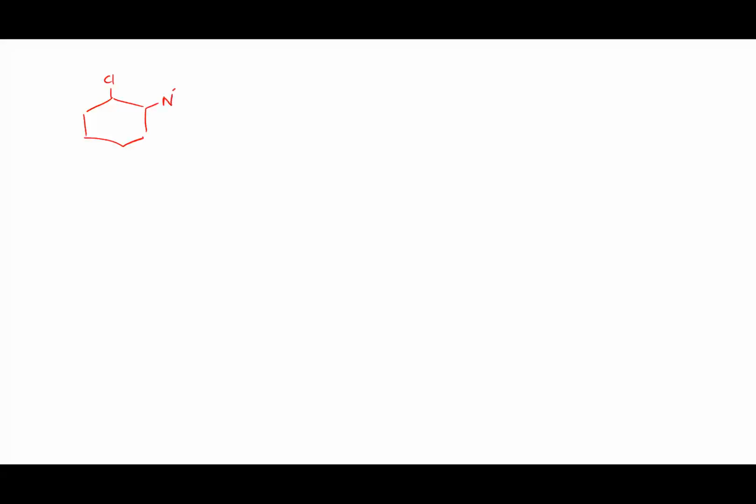I've got my nitro groups, which I'm going to write out with their full explicit structures. So here's what happens. The hydroxide will come in and add to the carbon that the chlorine is attached to.